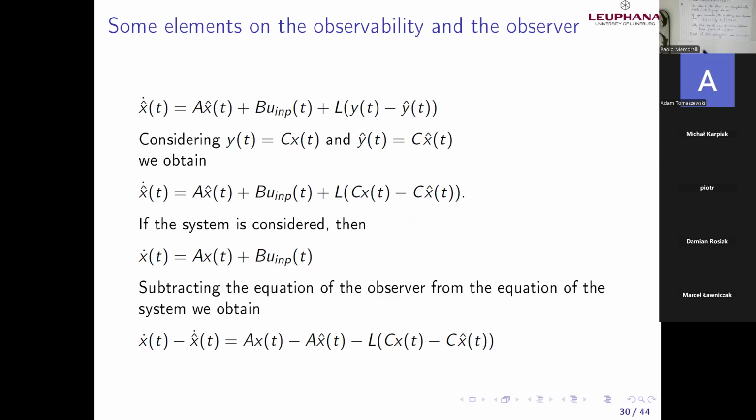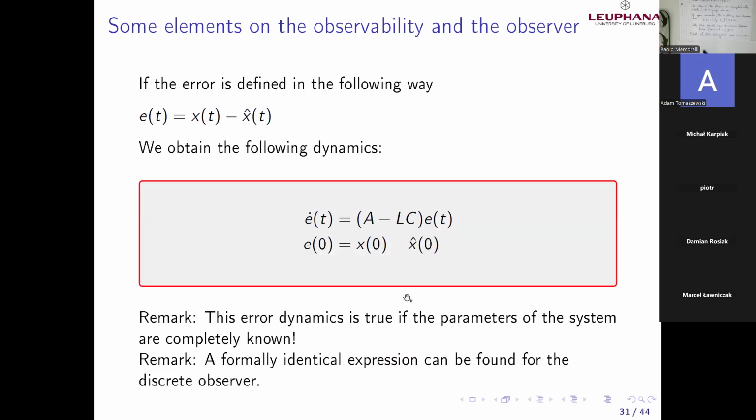And the second component is omega, which I don't measure, minus omega hat, which I estimate. Here I can say minus L multiplied by C, which multiplies the error column vector. If I put in evidence on the right the error column vector, I have A minus LC, everything in parentheses, multiplying the error column vector, exactly this.